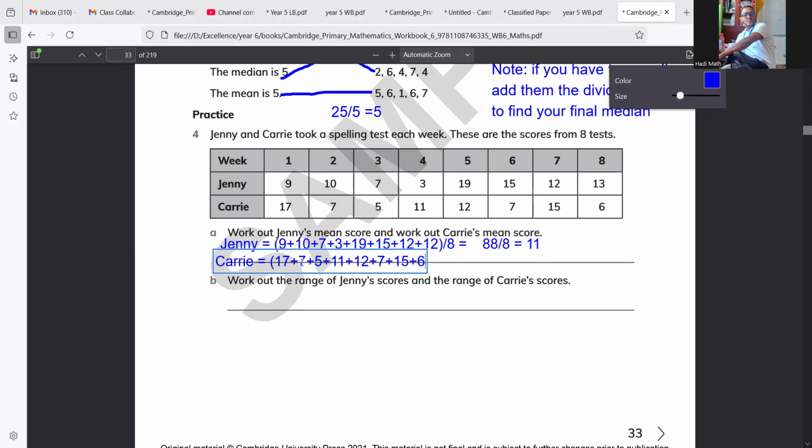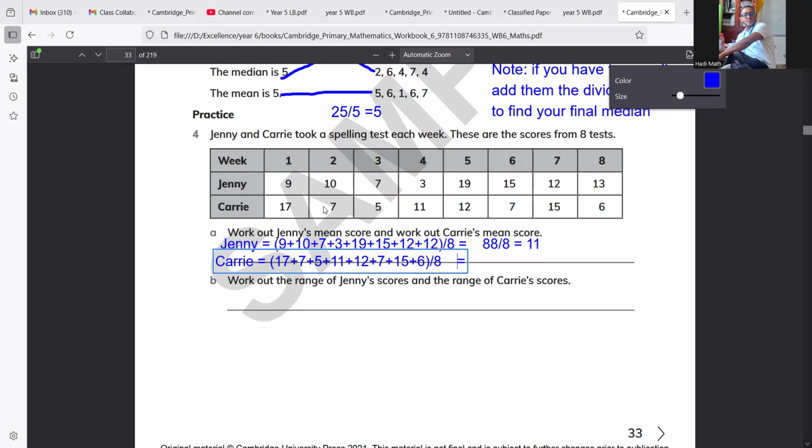Please make sure, 1, 2, 3, 4, 5, 6, 7, 8. There are 8. Make sure you wrote all of them. Then you divide by 8. Let's go and add them. Don't rush. In an exam or checkpoint, if they give you big numbers, they ask you to use a scientific calculator to add them. But you can add them without a scientific calculator.